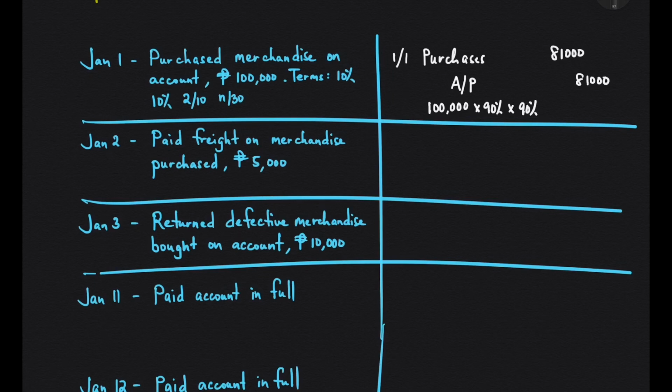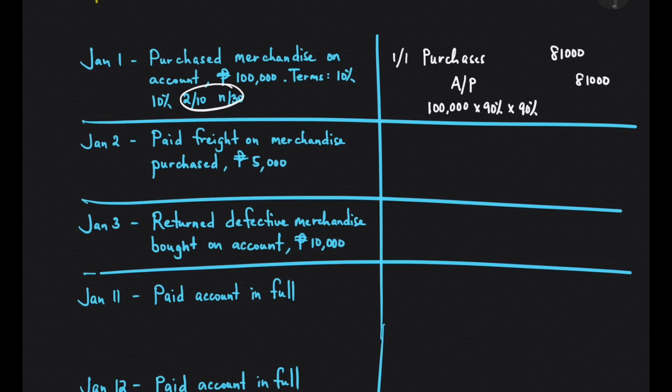Although this is for bulk purchases, whenever it is given in transactions, you automatically deduct it, no? Because you are assuming that the buyer availed of the bulk discount. And then for the terms of cash discount, it will follow later. Right now, just leave it there because we cannot yet determine if the buyer will pay within the discount period. So it has to wait. So that's the initial entry.